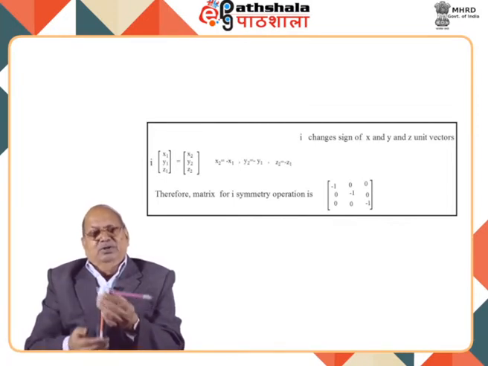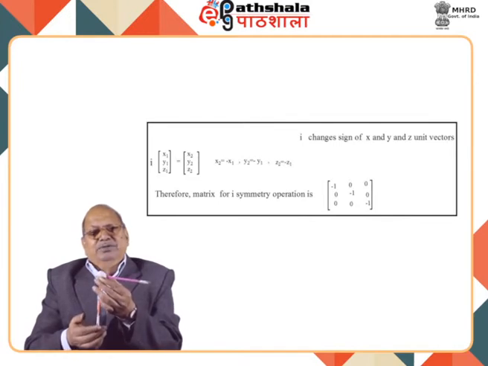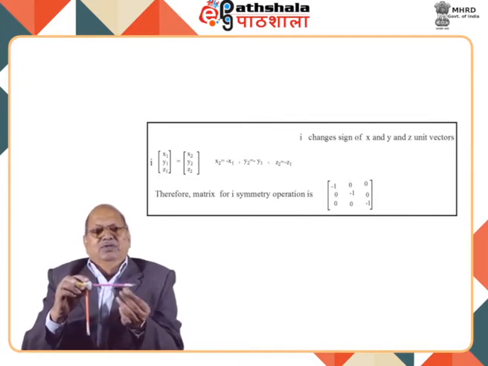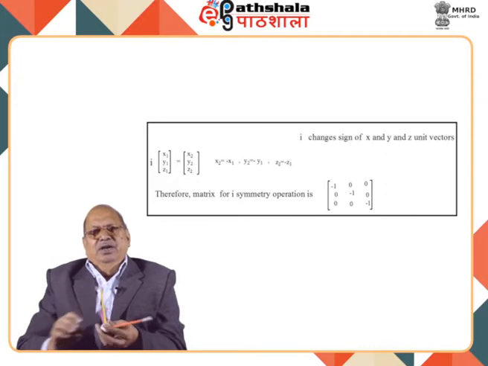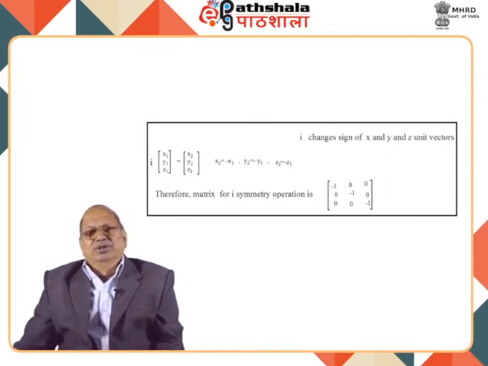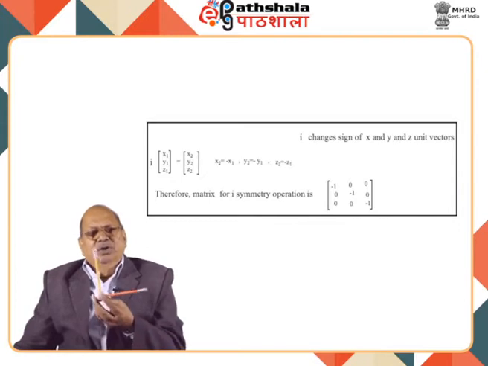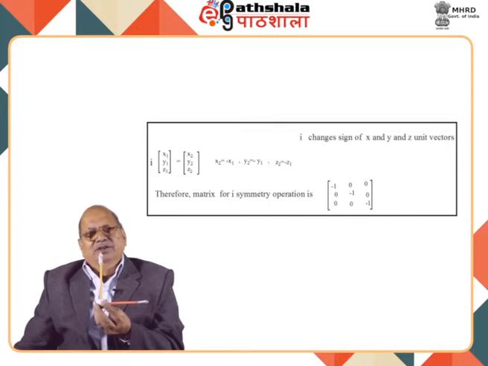Z axis has also gone to the negative side. This is x axis, this is y axis. So, all the vectors have gone to the negative side, and so the matrix corresponding to this is minus 1, 0, 0, 0, minus 1, 0, 0, 0, minus 1. So, when I carry out operation I on these vectors, all the vectors change their sign and we get the given matrices.